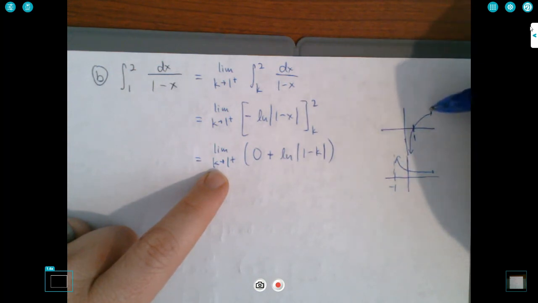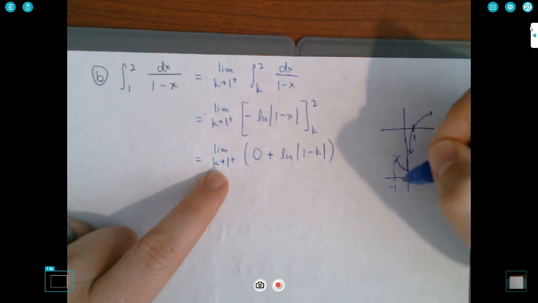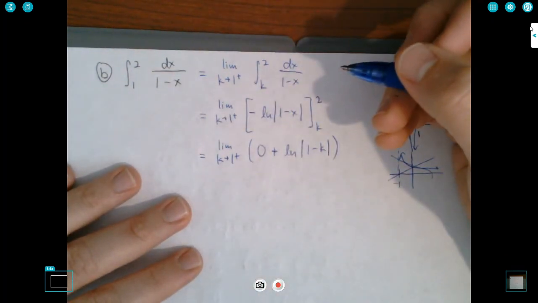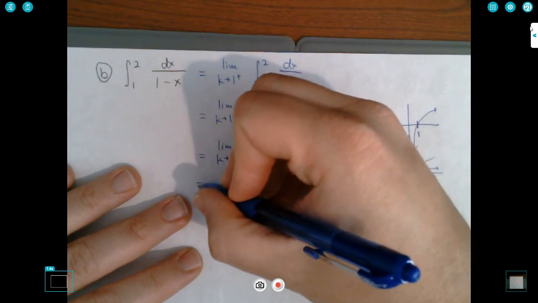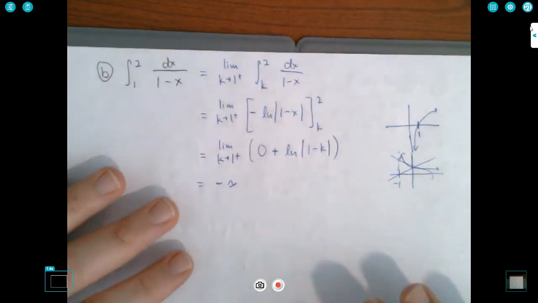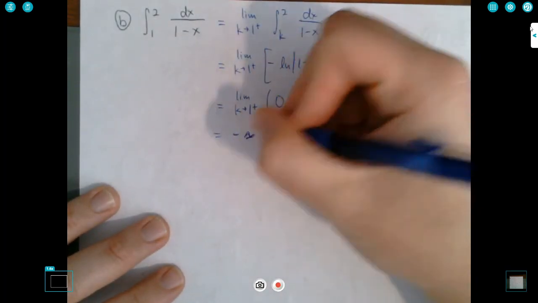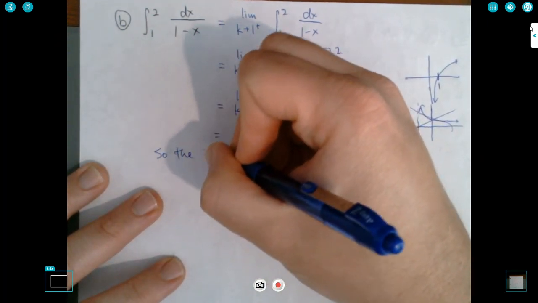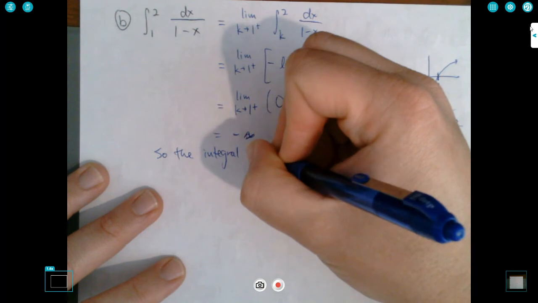It's going to definitely go to negative infinity. So this is going to be negative infinity. Anyway, the moral of the story, though, is that the integral diverges.